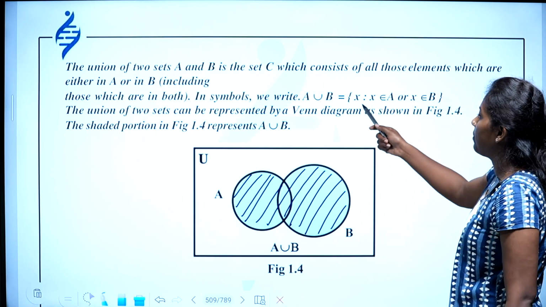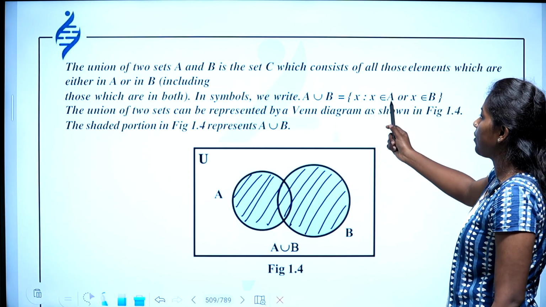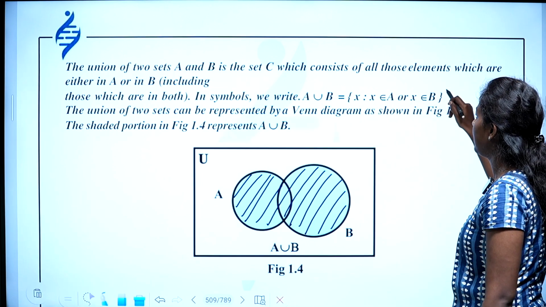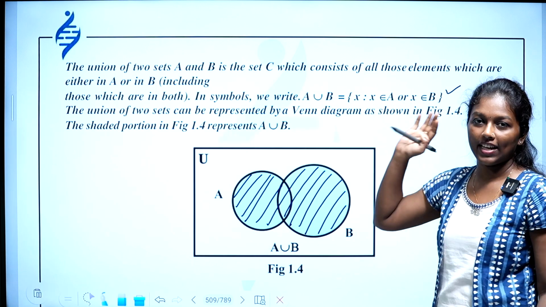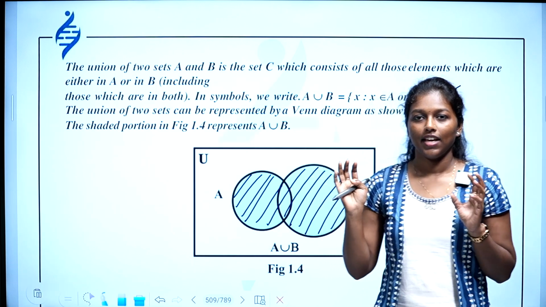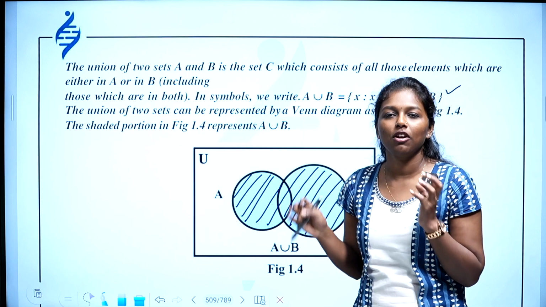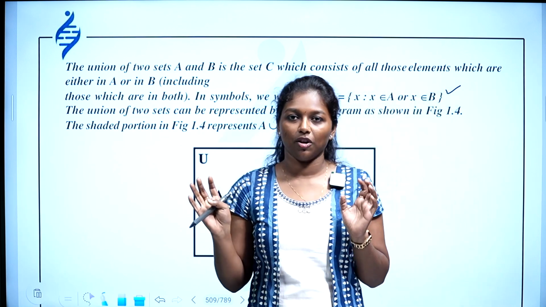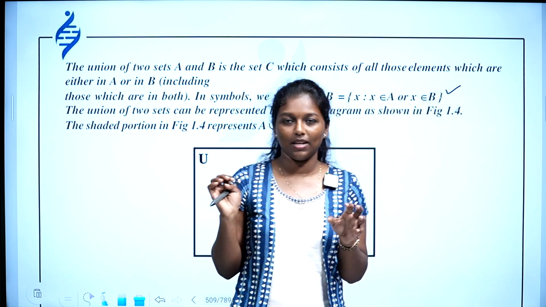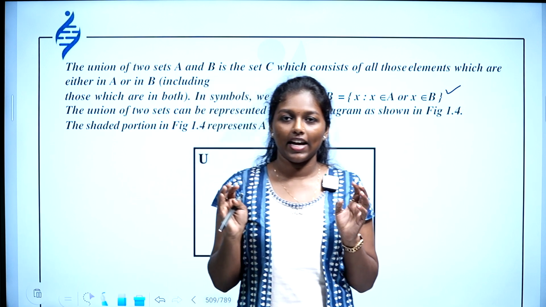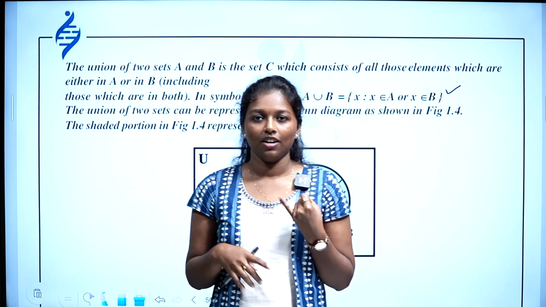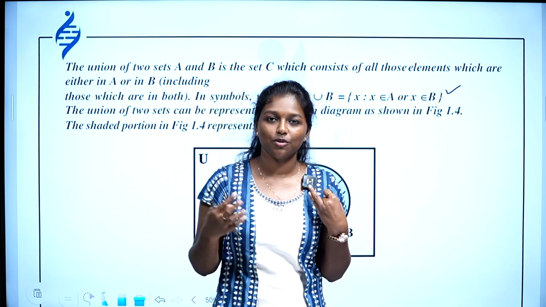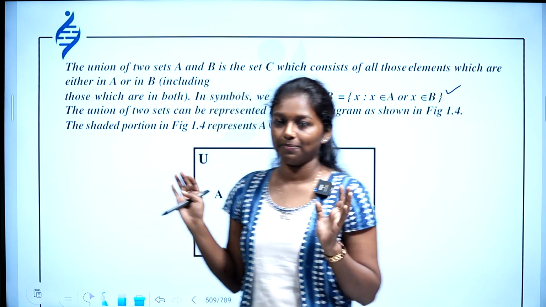And A union B means X belongs to A or X belongs to B. So union means A or B. Either it should belong to A or it should belong to B. If I choose an element from A union B, then either it should belong to A or it should belong to B or it should belong to both.